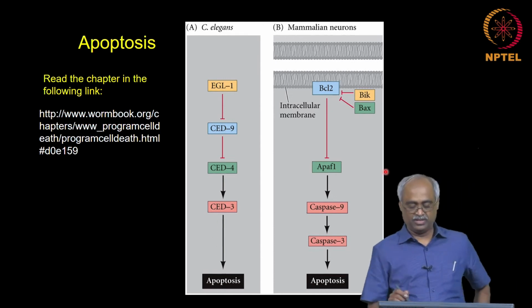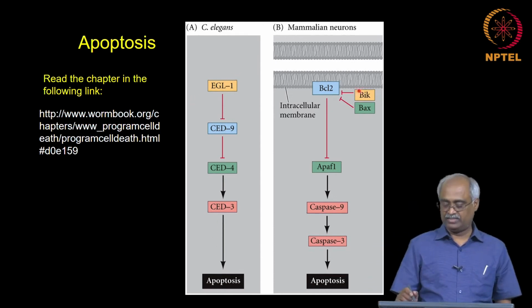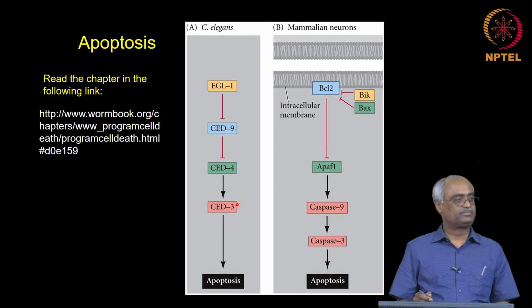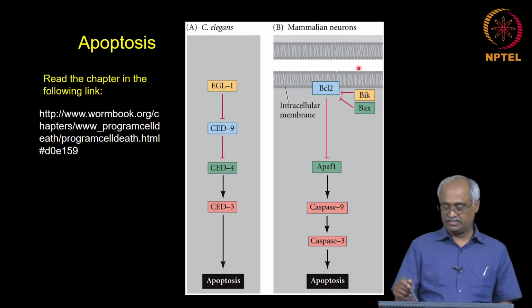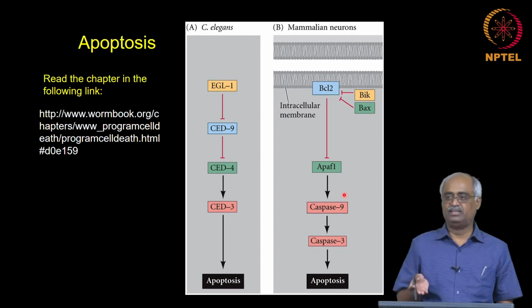This is the pathway in the two different contexts, and the orthologs are colored similarly. EGL-1 equivalent is the BH3-only proteins, BCL2 is the CED-9, APAF1 is the CED-4, and caspase 9 and 3 are the CED-3 equivalent. These are C. elegans and this is mammalian neurons, and mutations in this will obviously cause cancer as well.